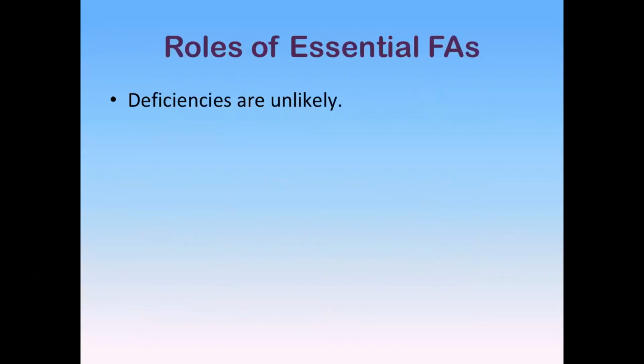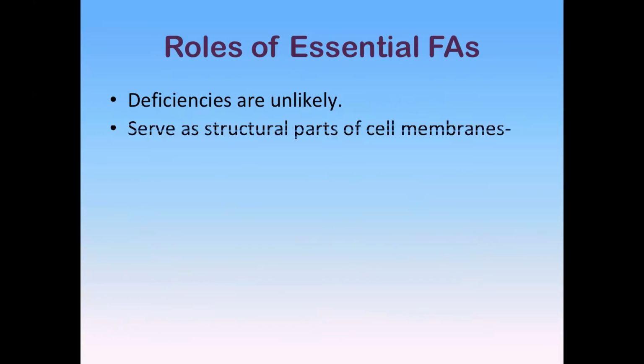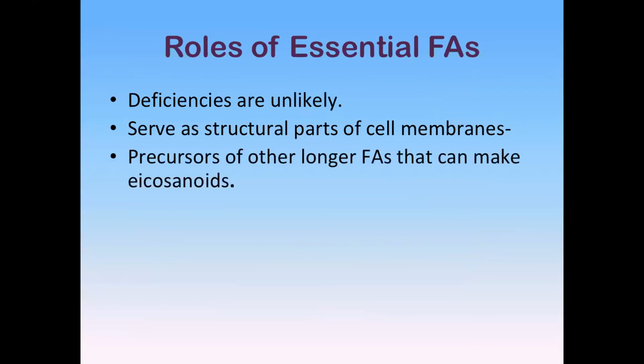Now, the roles of essential fatty acids. Usually deficiencies are unlikely because most foods have them. They serve as structural parts of cell membranes. They are precursors of other longer fatty acids, as we saw, like EPA and DHA, which are part of the eicosanoids.